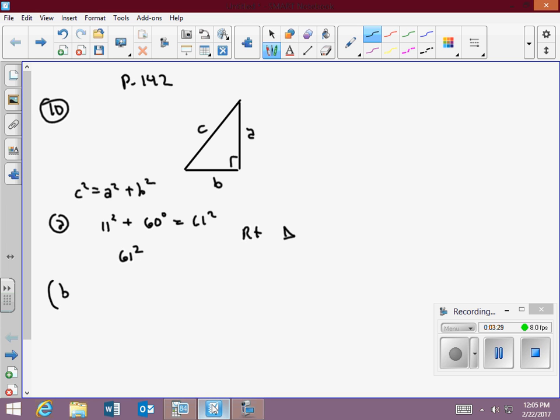And for B, you're just going to do the same thing, except you're going to do 8 and 9. You'll do 8 squared plus 9 squared, and then you do 15 squared. Find out what those are.